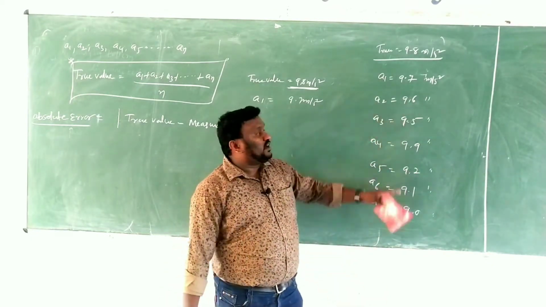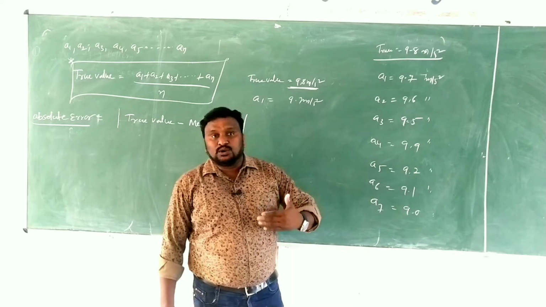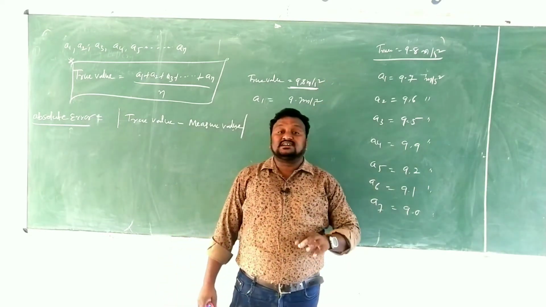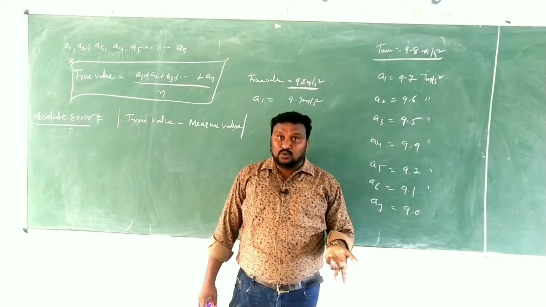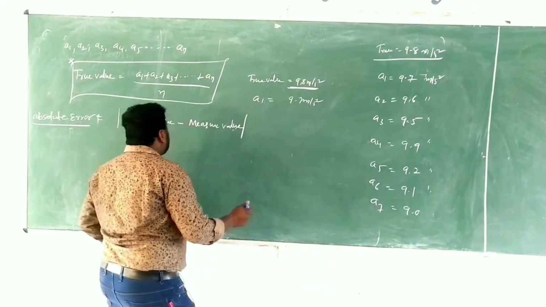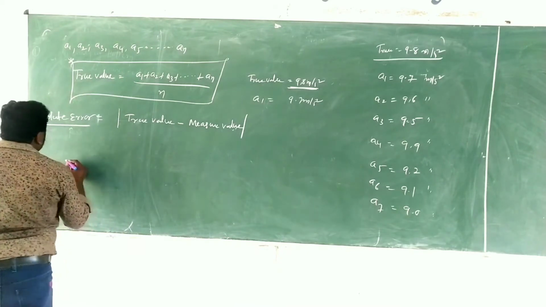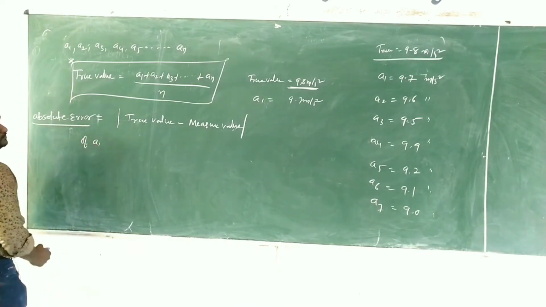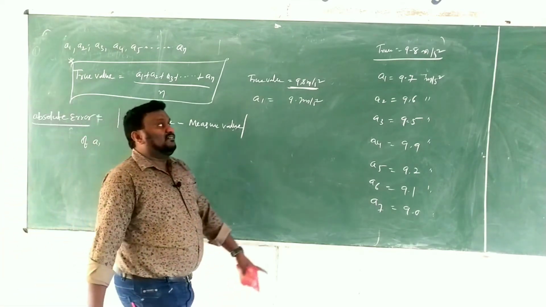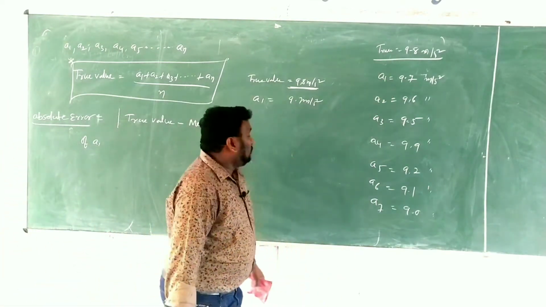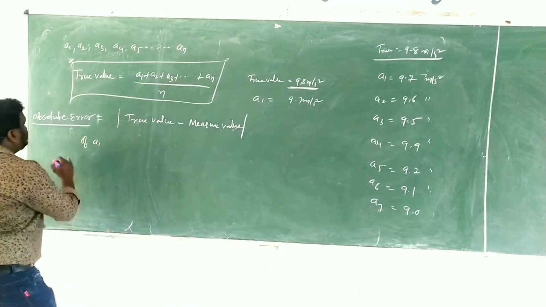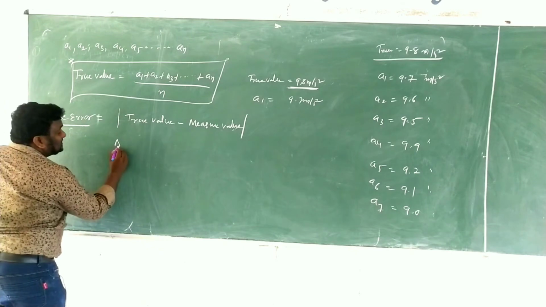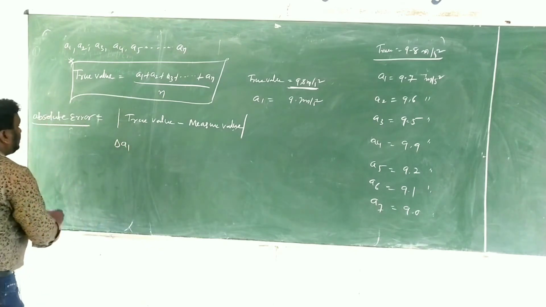So here the first value is A1. Second value is A2. I clearly told that A1, A2, A3, A4, A5, they can be taken as the measured values. To understand clearly, I am writing the absolute error of A1, which should be mentioned as delta A1.